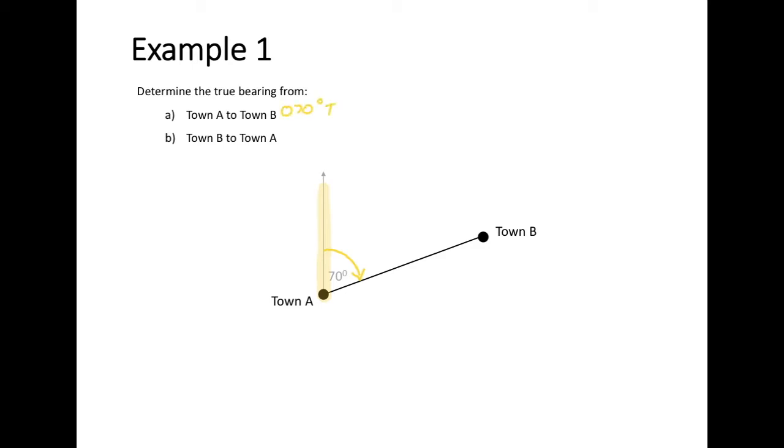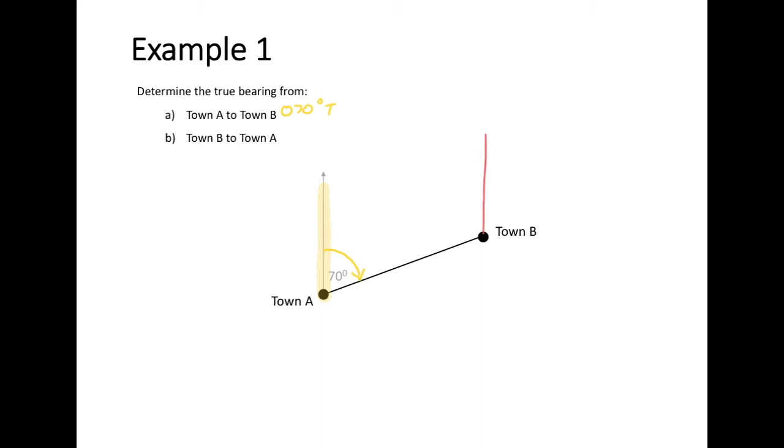So now we want to work out the direction, this time starting at town B and working our way towards town A. Now when we're measuring our true bearings, we need to start off with our north line. And here it's not already joined in for us, so we need to go ahead and add it in.